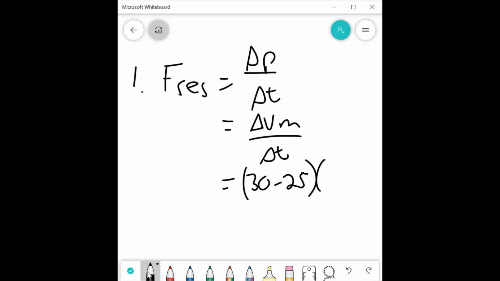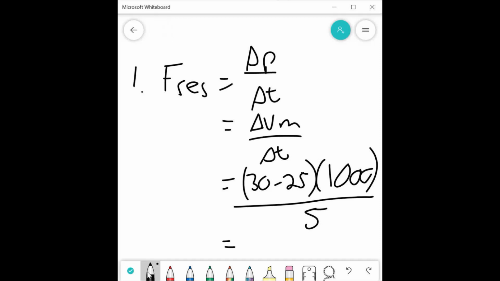There's no change in direction, so it just stays like that, and our mass is 1,000. All right. Over time, we know that it says 5 seconds. So that gives us 1,000 newtons. All right.